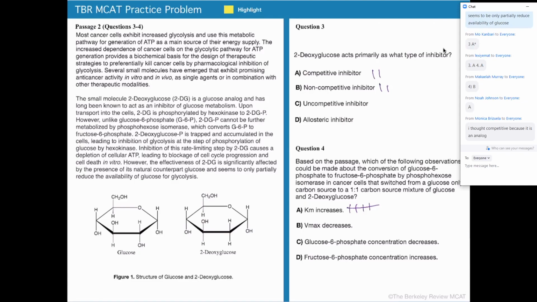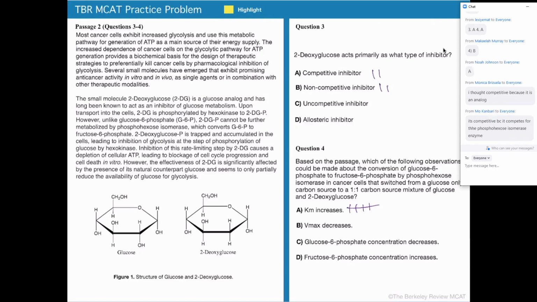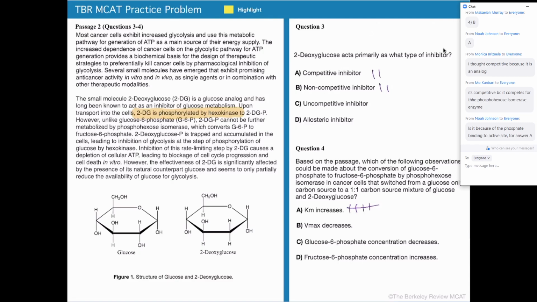Okay, so you're saying B because 2DG cannot be phosphorylated by which enzyme? Because there's two enzymes in this passage, right? We're talking about phosphorylated by hexokinase, right? And then cannot be further metabolized by phosphohexose isomerase. So you have to be very careful here.